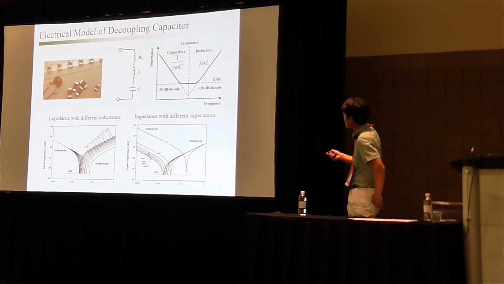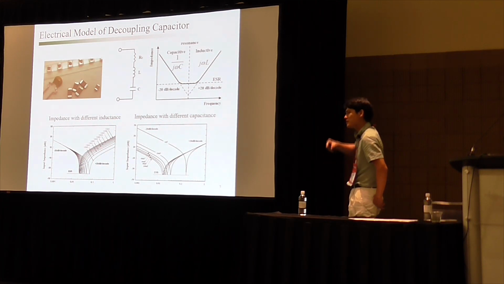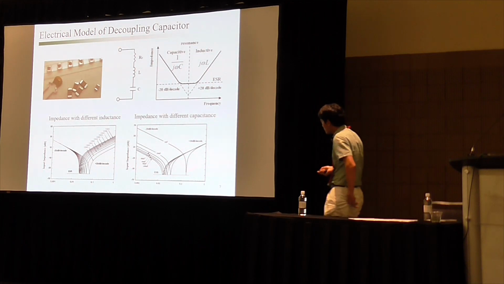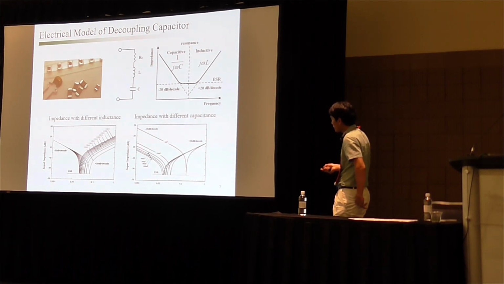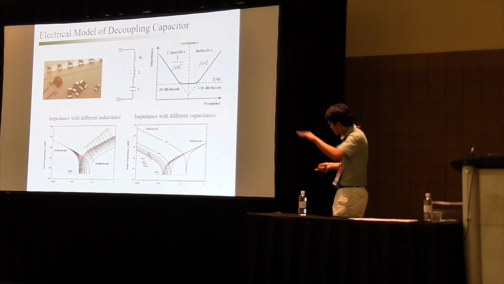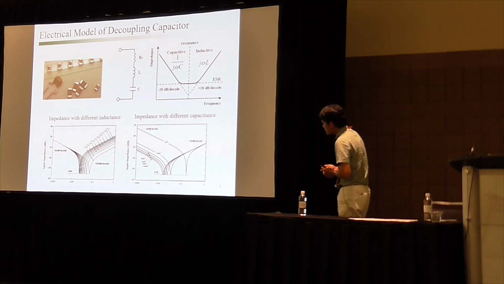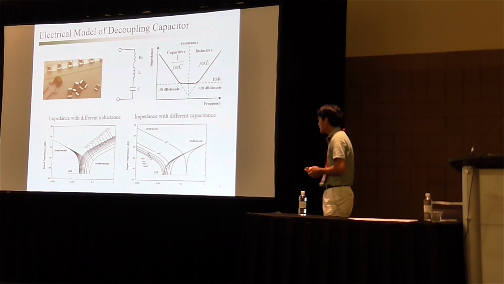Because this is j omega L, higher inductance, we have higher impedance, right? The slope gets higher and higher. Here shows the decoupling capacitors bearing the capacitance. So this is 1 over j omega C. So higher capacitance has a lower impedance curve. So this will help us a lot to understand how PDN behaves.